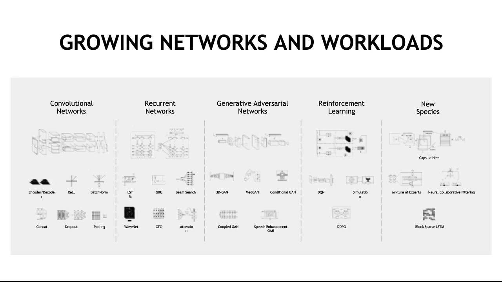But the truth is, as important and interesting as that is, they're pretty simple networks. They're not that exciting a use case in a lot of ways. And most of the high value or really interesting networks tend to be over on the far right in the new species category. Things are emerging all the time.